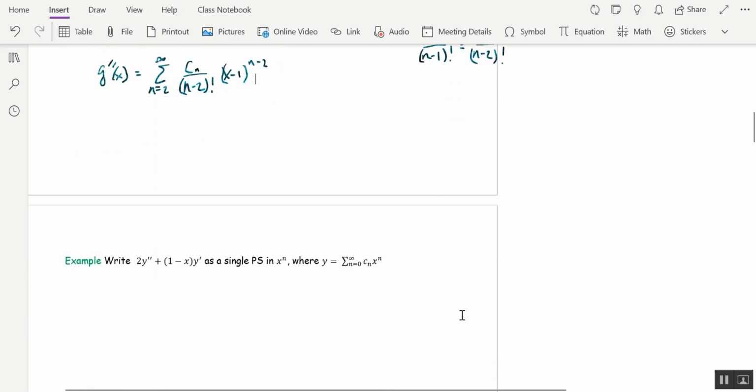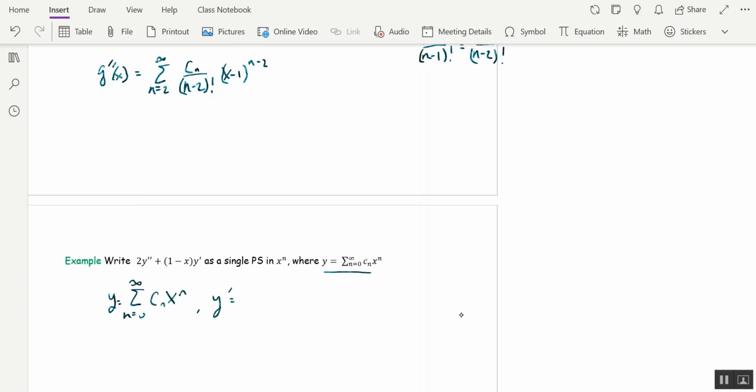Okay, now let's take this a little further. I have an expression here, and I want to write it as a single power series in x to the n, and I'm going to assume that y is this power series here. So I always start with writing down my derivatives. So I've got y equals the sum, n equals 0 to infinity of c_n x to the n.